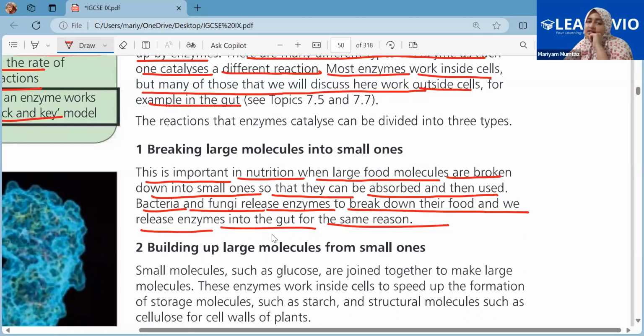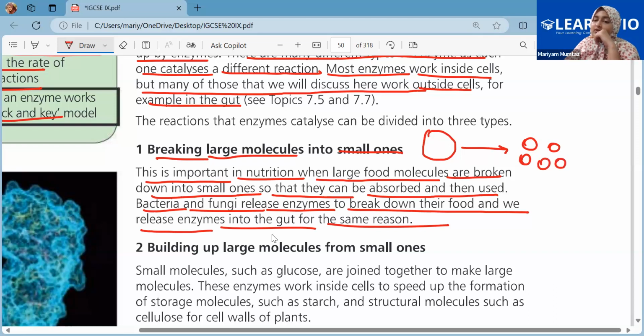So there are some enzymes that are responsible for breaking down larger molecules into smaller ones. And since we are talking about the gut where digestion takes place, larger molecules will be broken down into smaller. For example, if this is the size of the molecule, after the enzyme acts on it, it will be broken down into smaller pieces so that it is easy to digest.